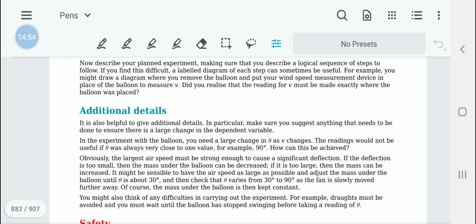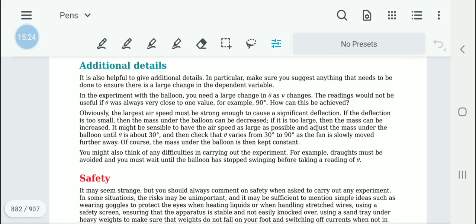So if you can include those steps into your diagram, then it would be useful. Now, this is going to be important. For example, the wind speed: where are you going to place the anemometer? So these details will have to be included into the diagram.